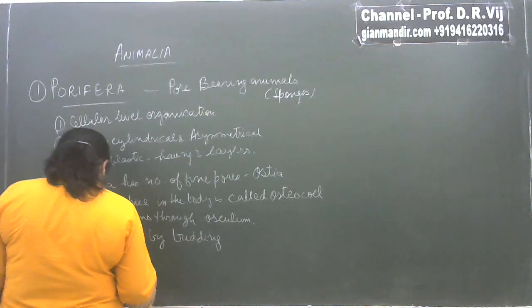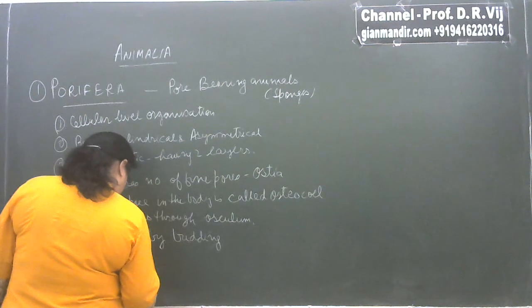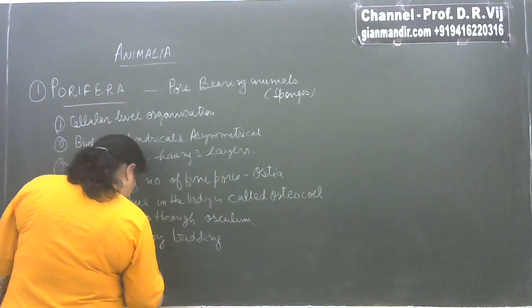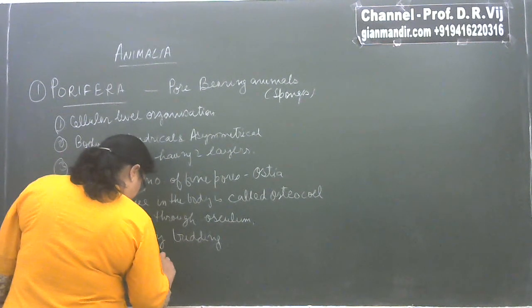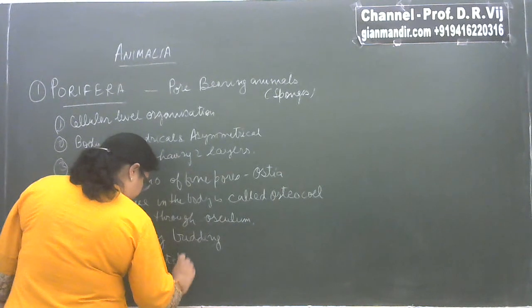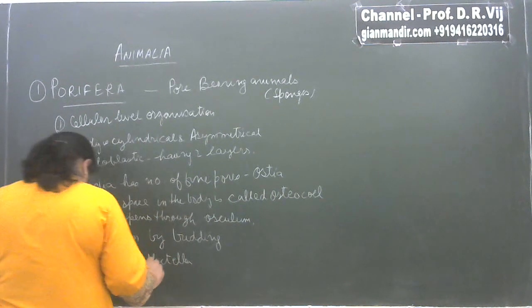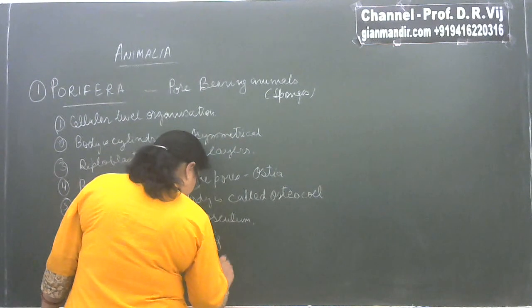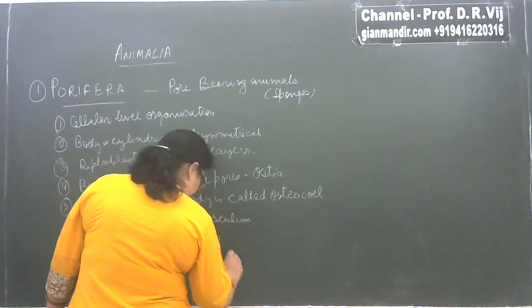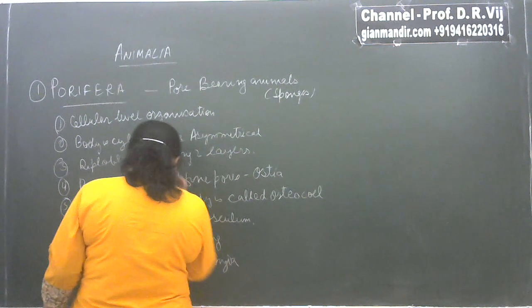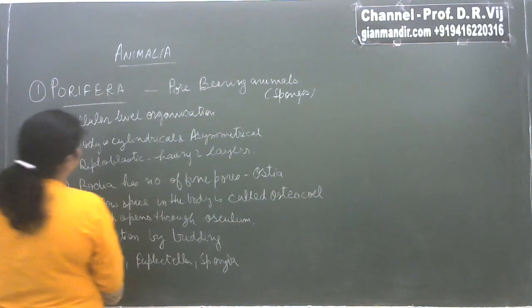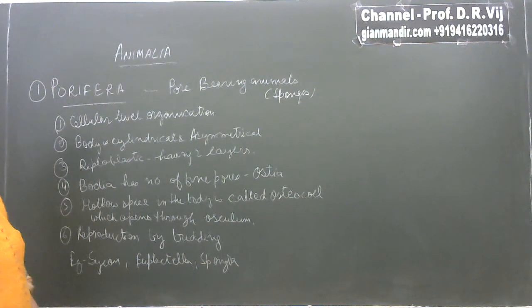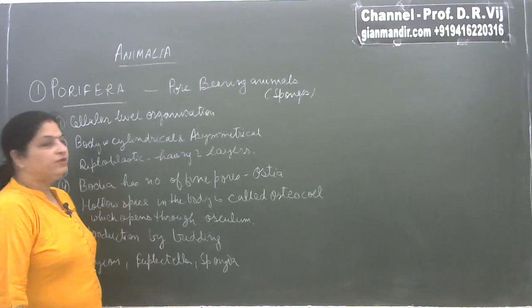Another one is Euplectella. And another one is Spongilla. So these are the general characteristics of phylum Porifera.